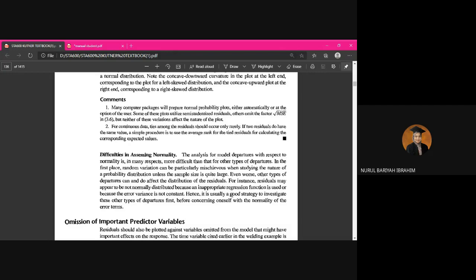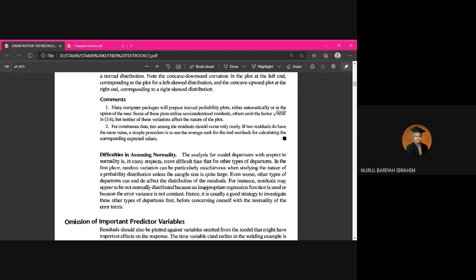Hence, it is usually a good strategy to investigate these other types of departure first before concerning oneself with the normality of the error terms. So, before we check for the normality, check dulu untuk independence and also the constant variance and also the linearity of the regression function, because sometimes when the error is not constant, so dia akan mempengaruhi juga normality assumption.